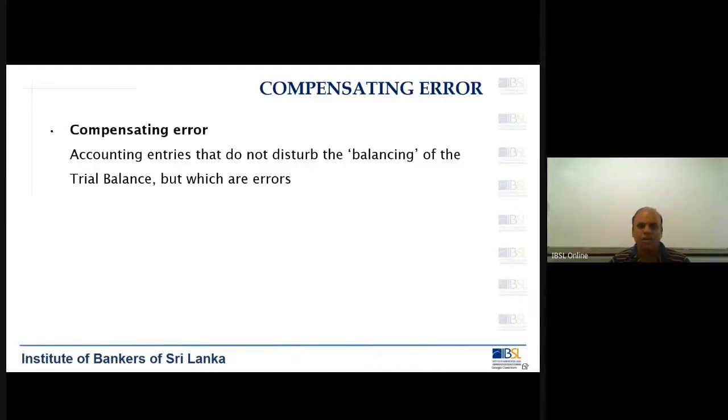So even though the trial balance is balanced, you can't ignore this as an error, because a fundamental error has occurred in both these customers' accounts. Later, when these customers look at their accounts, they might come back to you and report the error. But without that, you might not detect these errors sometimes.